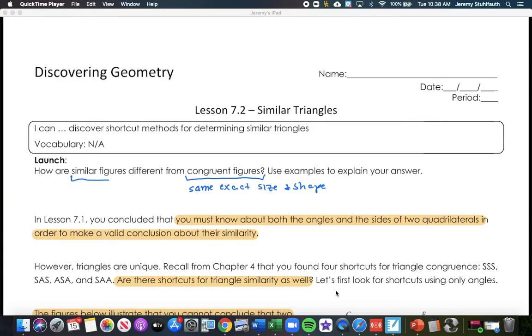But with similar figures, the angles are congruent, but the sides don't need to be congruent. Instead, the sides are proportional. That means they aren't necessarily the exact same size.